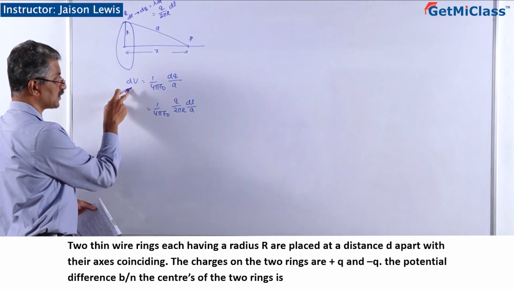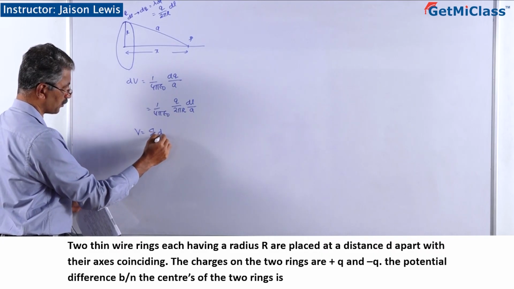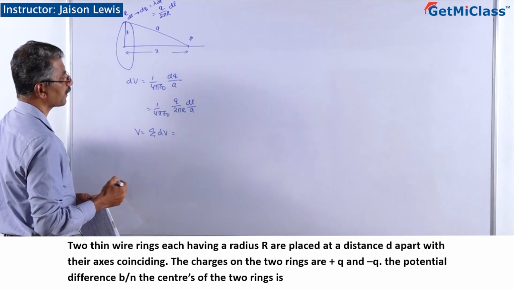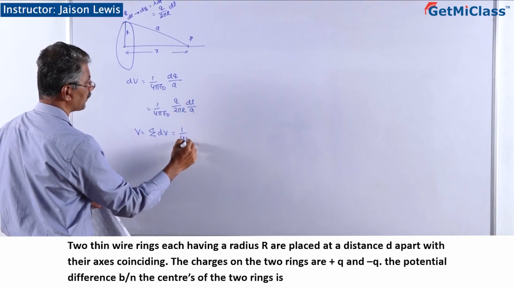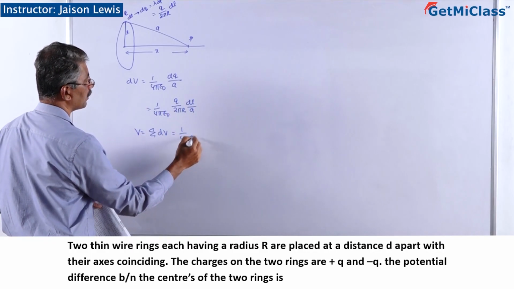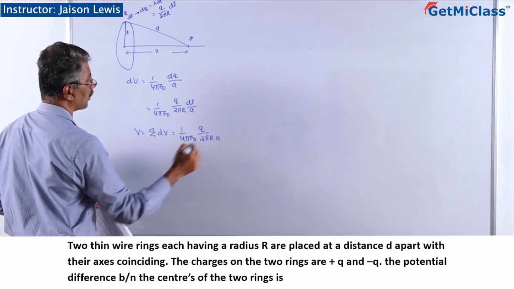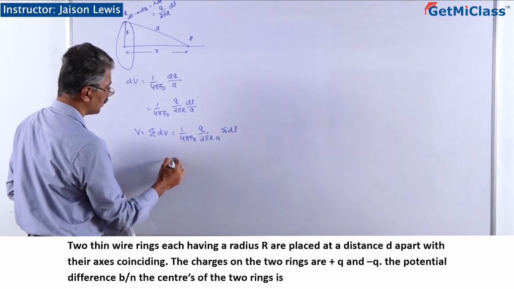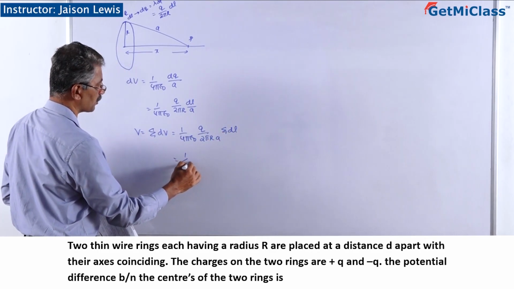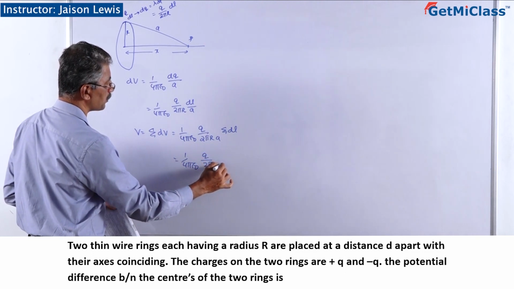Since potential is a scalar, the total potential is a summation of all these dV, where 1 by 4 pi epsilon naught is common, q is a constant taken out, and 2 pi r and a are common. It's a summation of dl, that is 1 by 4 pi epsilon naught, q divided by 2 pi r into a.